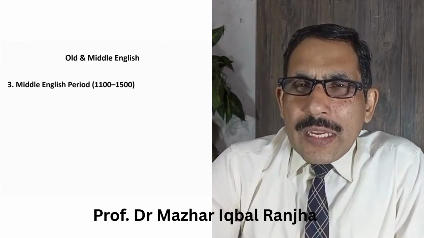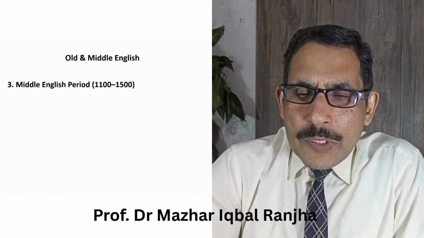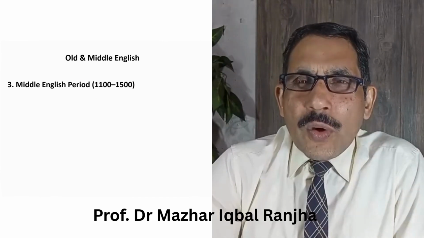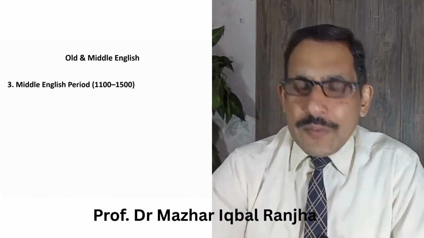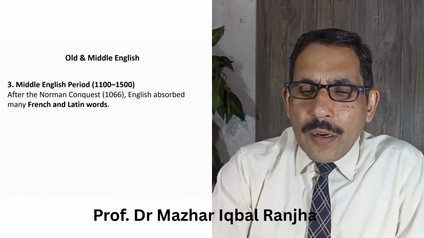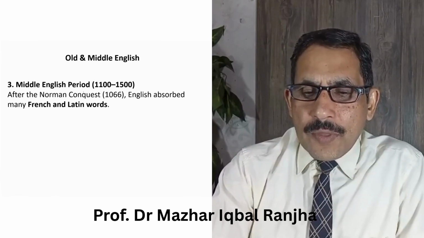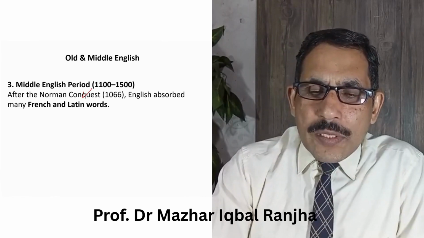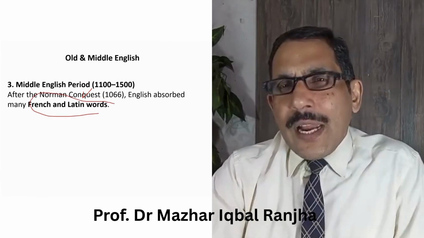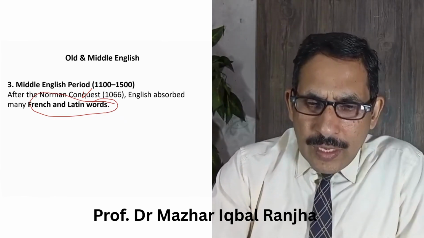If we talk about English that was used between the 11th to 15th century, this was the time of the Norman Conquest, and the language was dominated by French and Latin words.